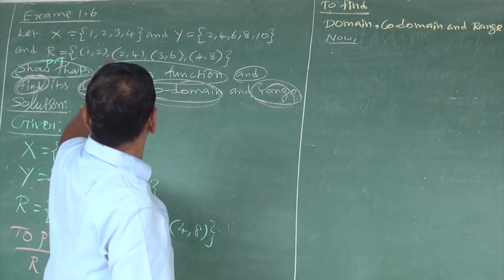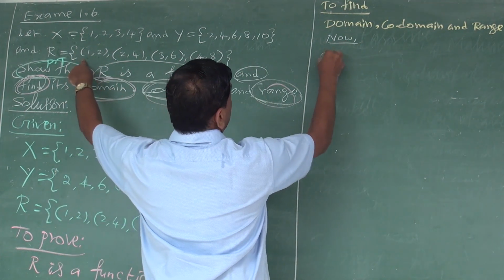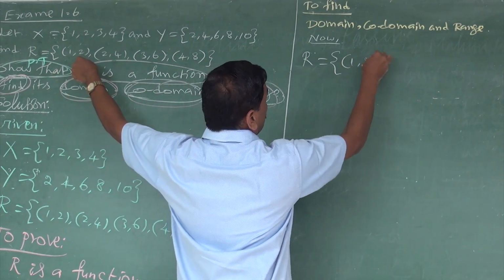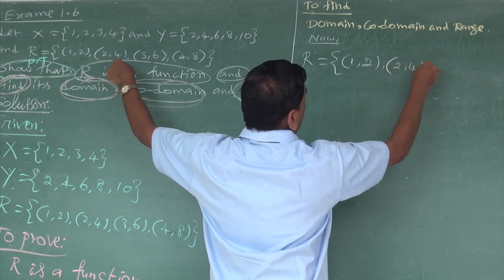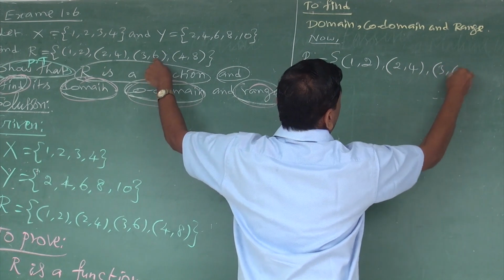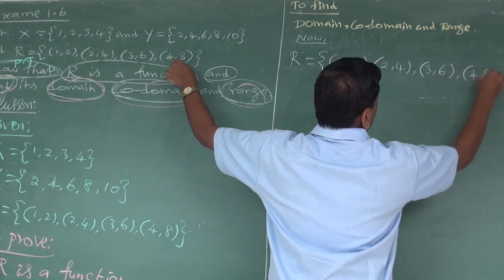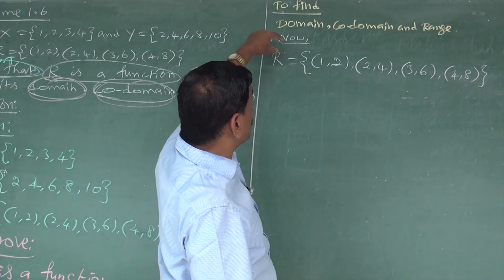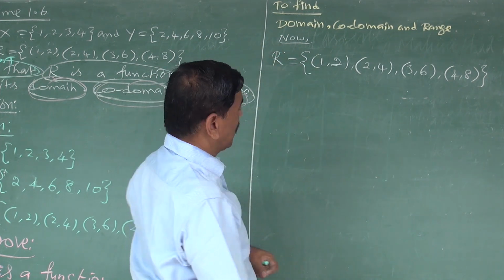For that, take the given relation as it is. The given relation is capital R equal to {(1,2), (2,4), (3,6), (4,8)}. First we want to prove R is a function. For that, let us draw the arrow diagram for this.